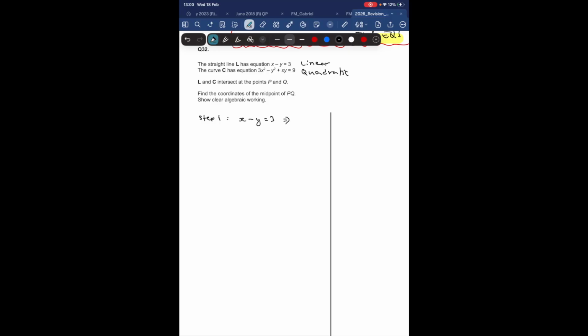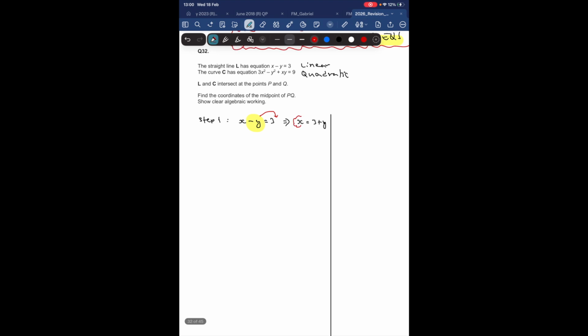And we have to decide whether we want to make x or y the subject. In this case, it's easier to make x the subject because all we need to do is move the minus y over to the right-hand side, and that becomes a plus y. So we're going to be left with x equals 3 plus y. So we've made x the subject of the linear equation.